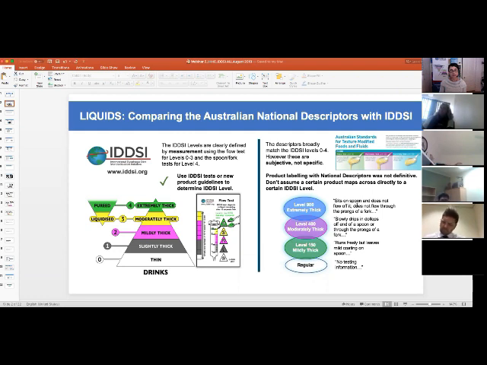So sits on a spoon and does not flow off it, or drips slowly and dollops off the end of a spoon, or runs freely but leaves a mild coating, for example. So our national descriptors were more subjective rather than specific. It's important that we don't assume that a certain product maps directly across to a certain IDDSI level. So that's why learning about testing is quite important as well.